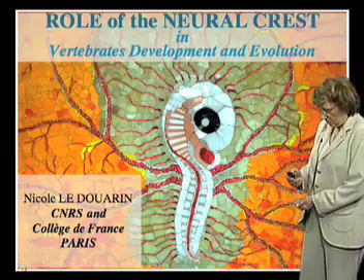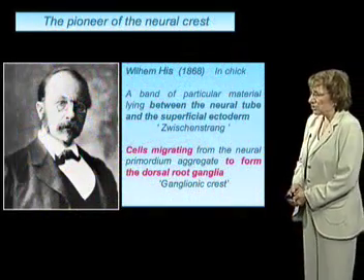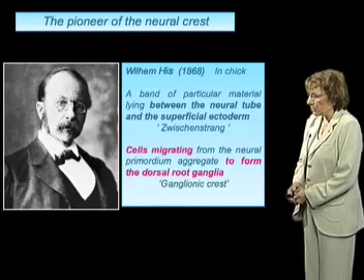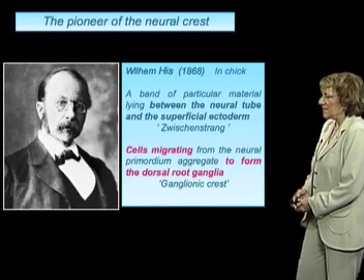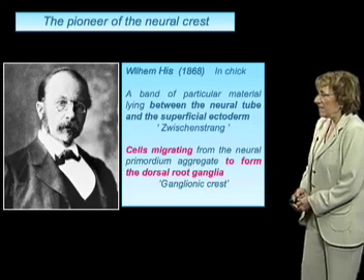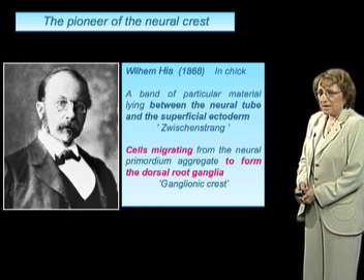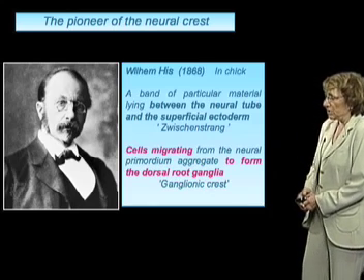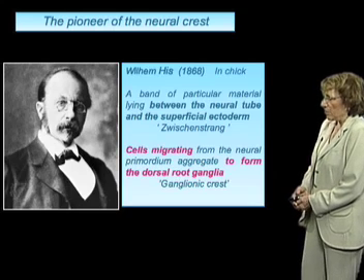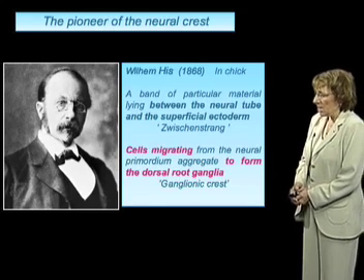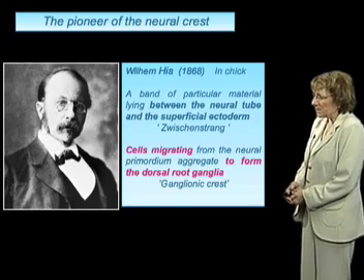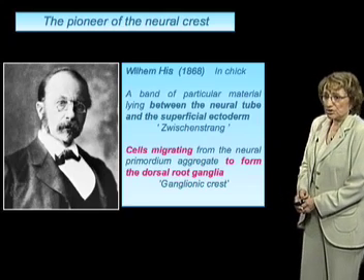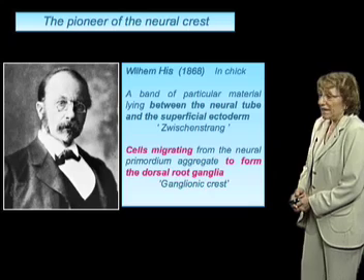It was discovered by the German histologist Wilhelm His in 1868 in the avian embryo. By looking at the living embryo under the microscope, Wilhelm His noticed on the dorsal aspect of the neural tube a strand of cells lying there.